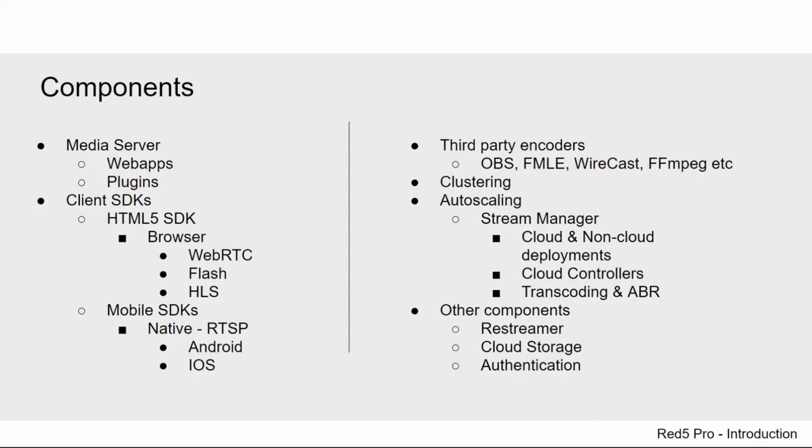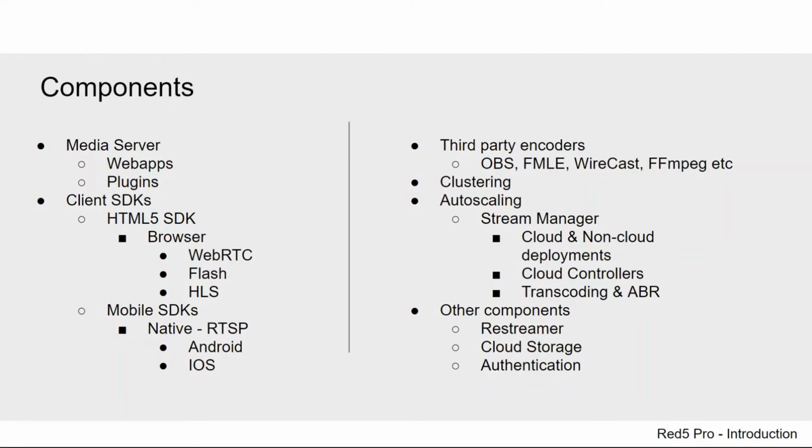In case of auto scaling, there's another new instance type called the stream manager, which takes care of all these things. Stream manager takes care of creating and deleting instances in near real time as the load changes.